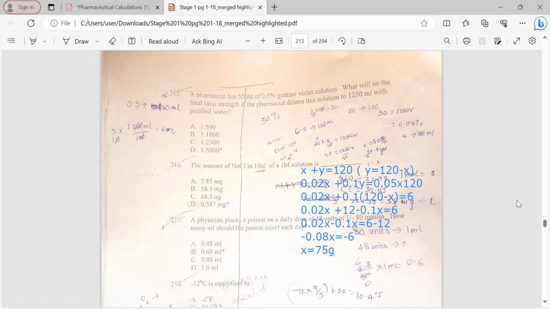That's what that 0.5% means. But he has 50 ml of that solution, which means he doesn't even have 0.5 ml, he has half of that. So he has 0.25. So then 0.25 is diluted to make your 1250 ml.